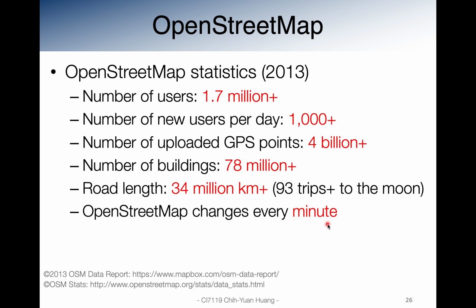That is a very crazy statistic, and some people also create events for people to create maps together, and that was pretty famous, and I think it's still pretty famous right now.